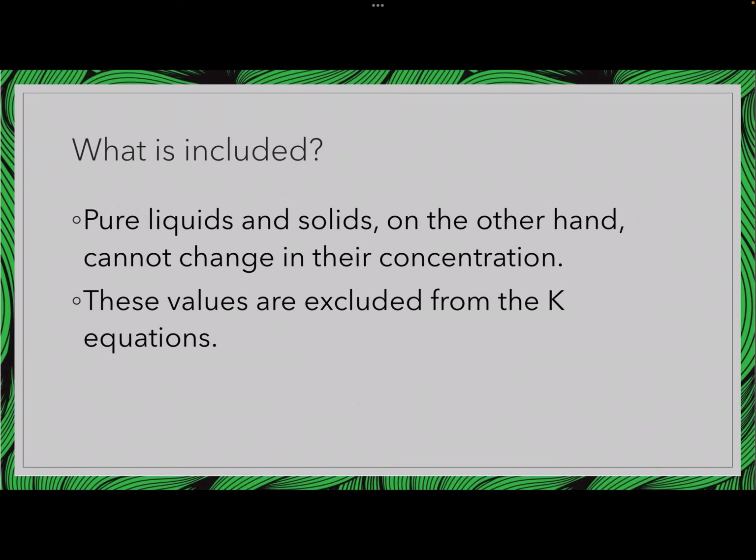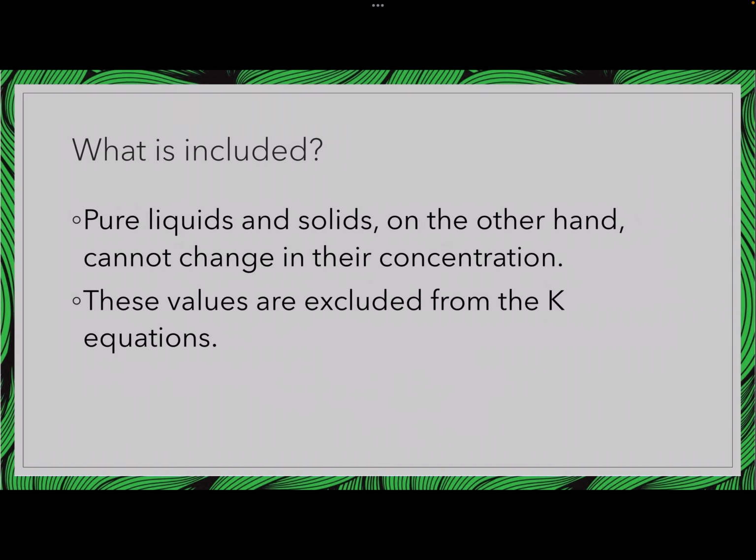Solids also aren't included because whenever a reaction involves a solid, it's always surface chemistry, so it doesn't really change the equilibrium. We can add more solid, and it's not going to change where our equilibrium lies. So we exclude those values from our K equations.